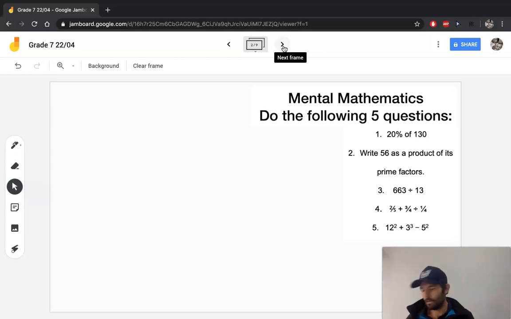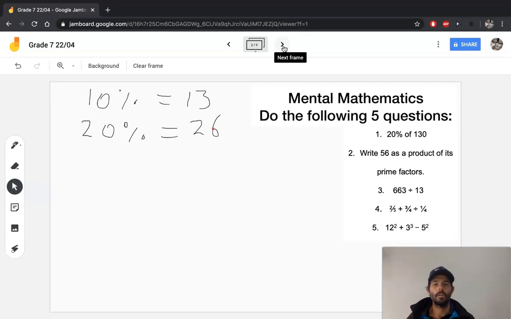We spoke about finding out 10% first, and to find out 10%, we just divide by 10. So that equals 13. Now I know 10%, I can see that 20% is going to be double, and is equal to 26. If you hadn't worked it out like that, and you'd used a fraction, you know that 20% is 20 out of 100, which is 1/5.